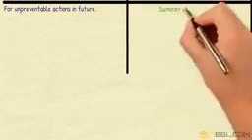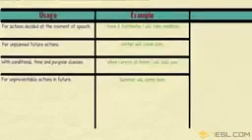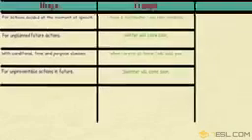For unpreventable actions in future. Summer will come soon. For offering, ordering, threatening.